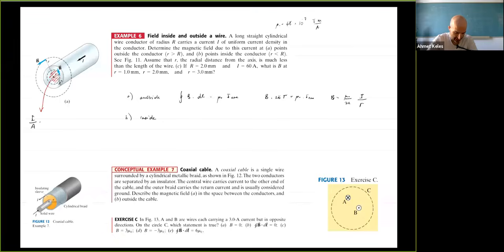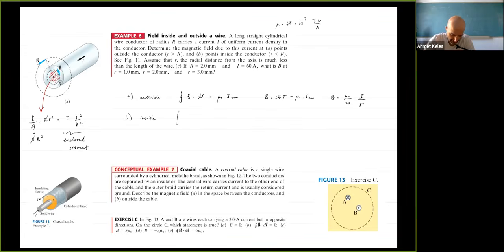Times the area of this region, which is pi times r squared, is going to be my enclosed current. Or I can write it as I times pi r squared over pi R squared. Cancel these, and this is r squared over R squared times I, the enclosed current.